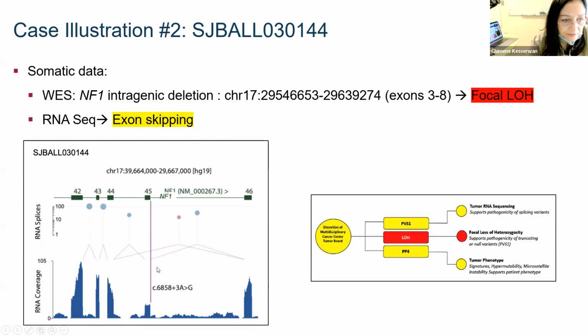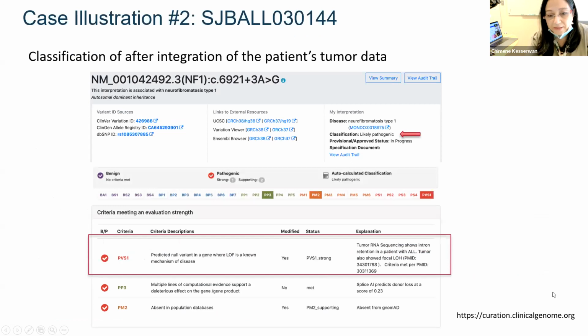We have some reads that are still available between 45 and 46, as they should be, but we have some exon skipping. So we have an indication of an altered splice. So we have splice alteration, and we felt comfortable to give it PVS1, and did not consider the focal LOH even. So with that, we gave it PVS1, and now the variant is likely pathogenic.